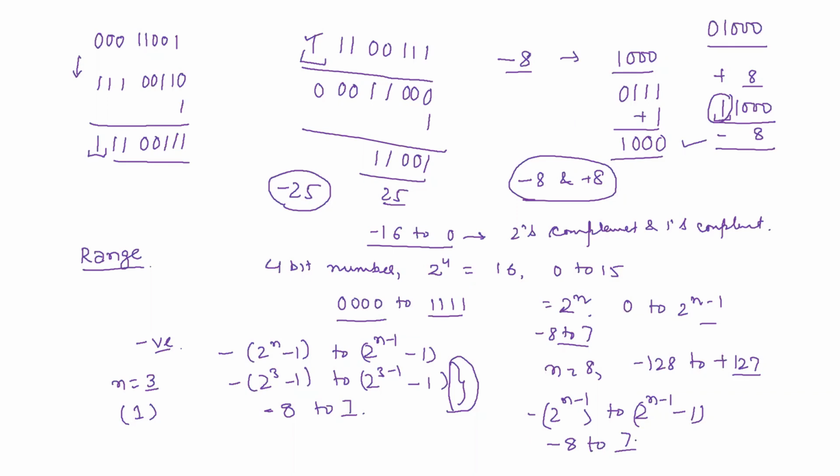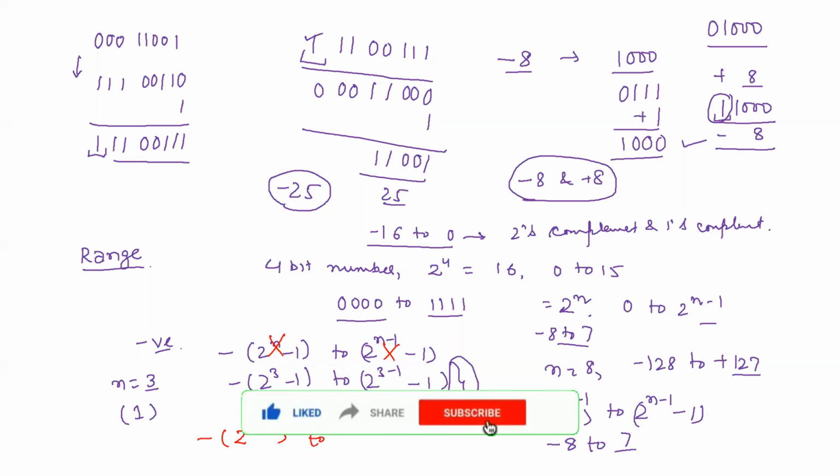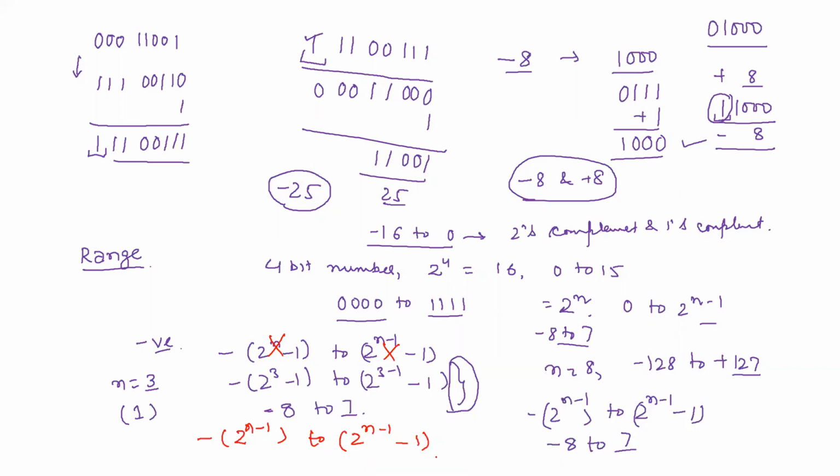Please correct it, once again I am repeating: the formula is minus 2 raised to power n minus 1 to 2 raised to power n minus 1, minus 1. This is the range of numbers as far as positive and negative numbers are concerned. That's your signed representation.